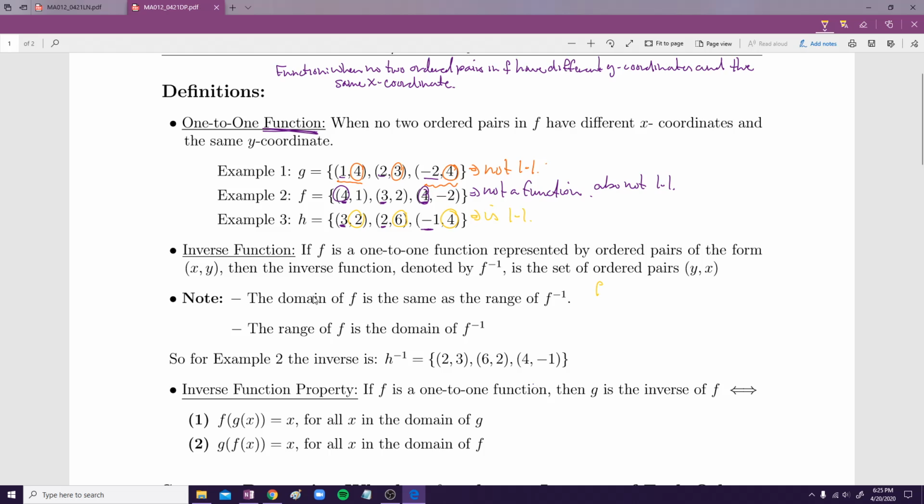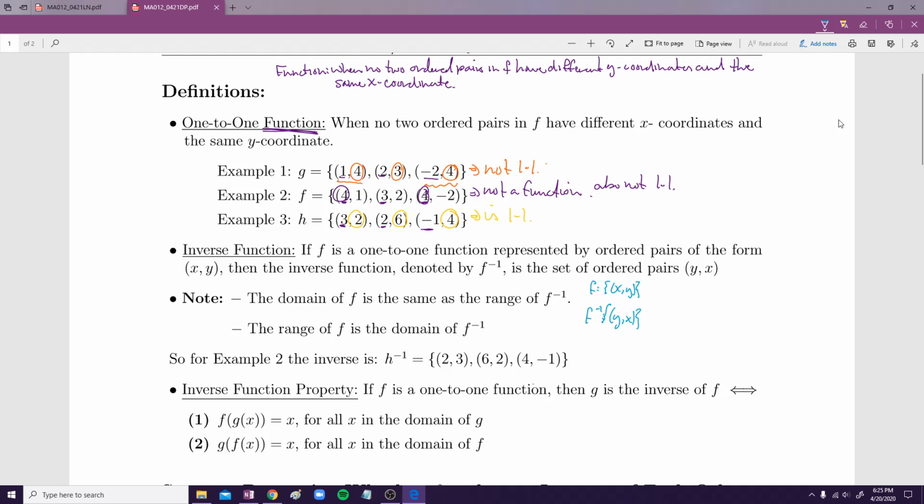if I have f and then this is xy. Okay, so let's say this is f and then this is xy. Okay, and the f inverse we know is yx.